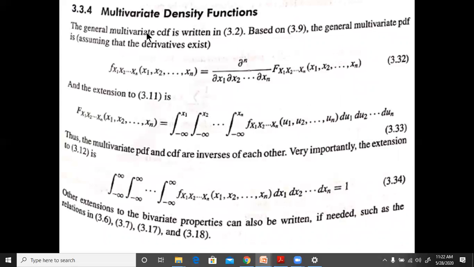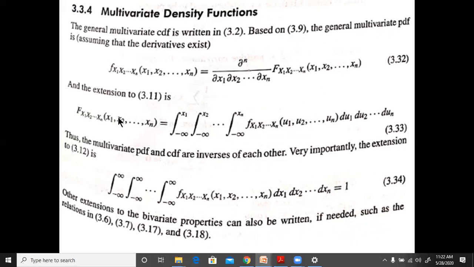Then we come to the multivariate density function, for more than two variables. Till now we considered two variables, but you can extend that logic to multivariate density functions. So here we have n number of variables. The joint PDF of all the n variables will be the nth differentiation, with respect to each of the variables x1, x2, x3, up to xn, of the joint cumulative distribution function.